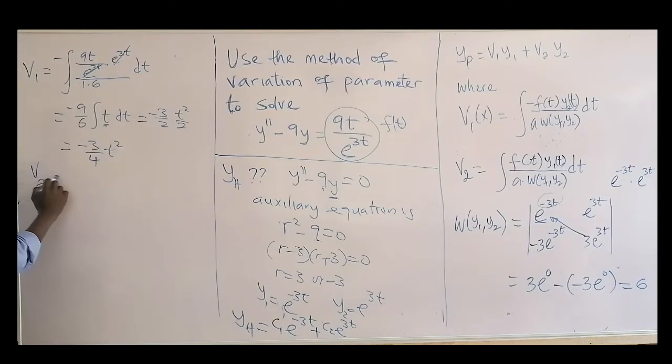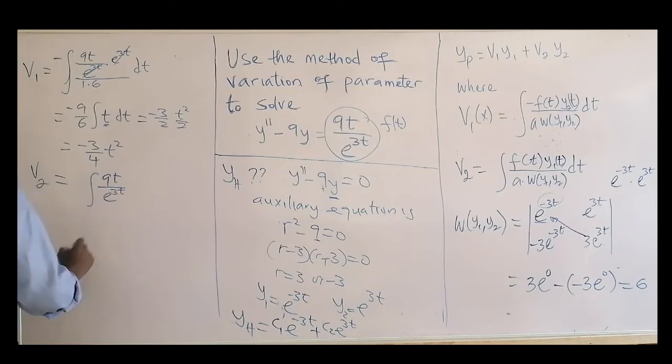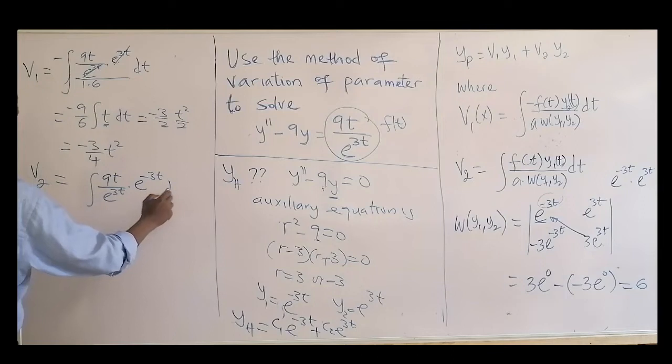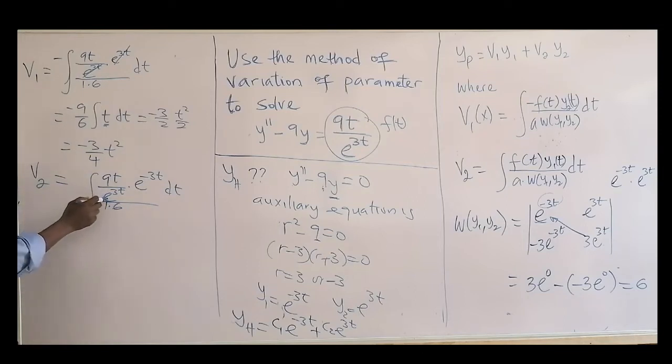So v2 also will be equal to the integral of f(x), 9t over e^{3t}. Then your y1 is e^{-3t} dt, 1 over 6. Okay, 1 times 6. Then this one and this one become 1 too.